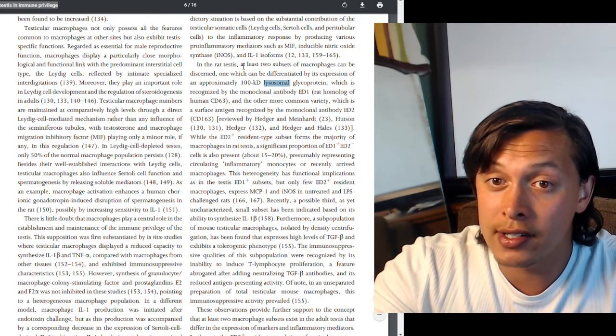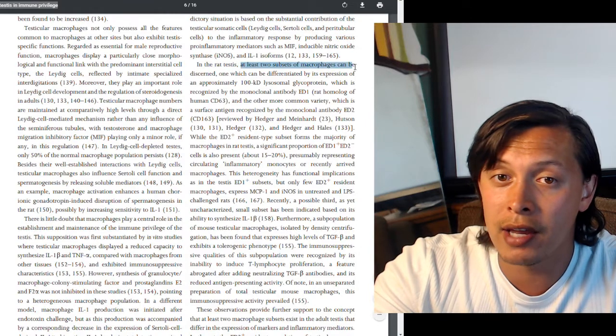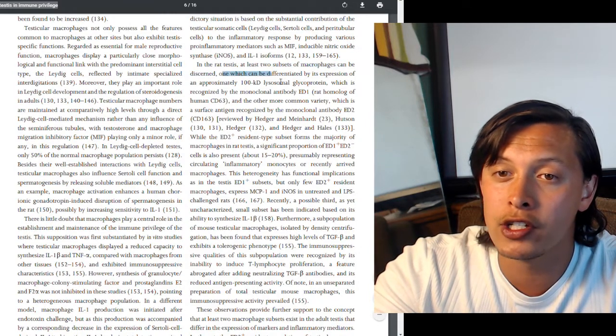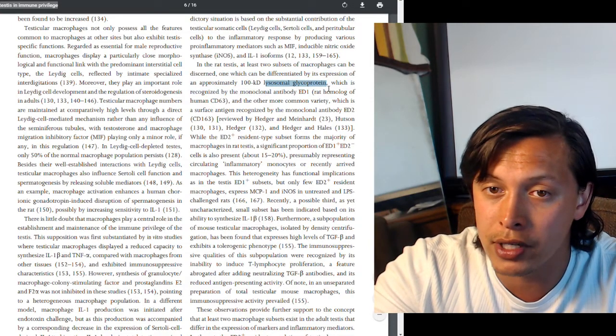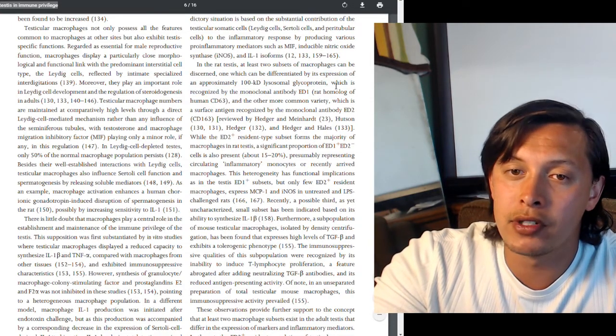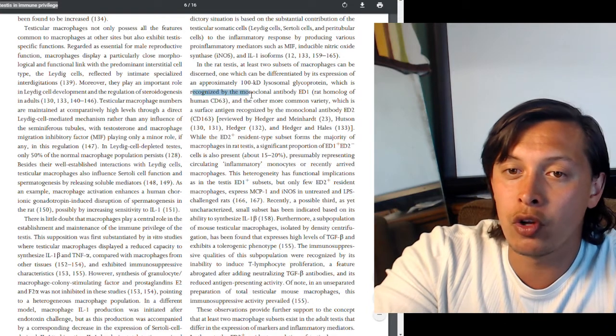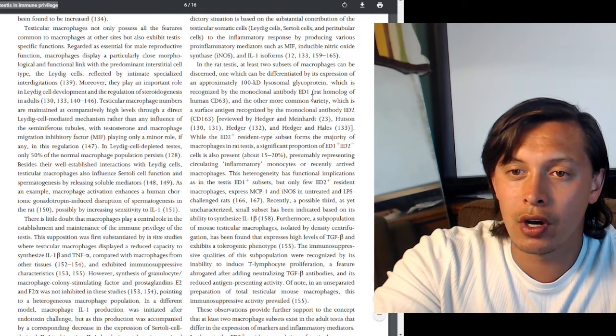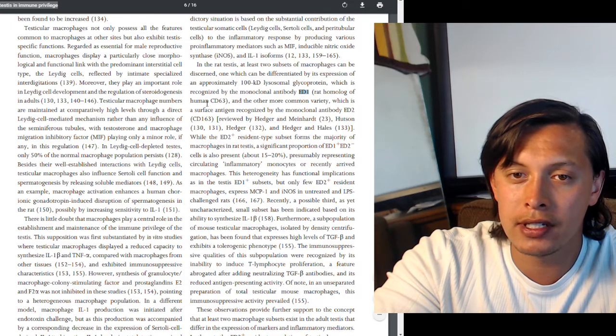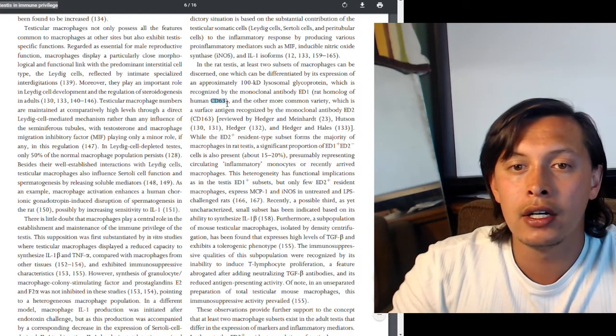Anyways, in the rat testes, at least two subsets of macrophages can be discerned, one which can be differentiated by its expression of this lysosomal glycoprotein. And this glycoprotein is recognized by the monoclonal antibody ED1, which is a rat homologue of human CD63.